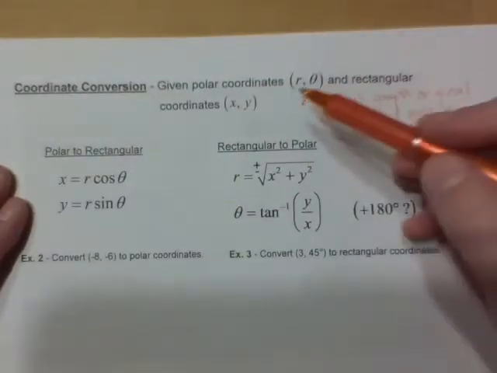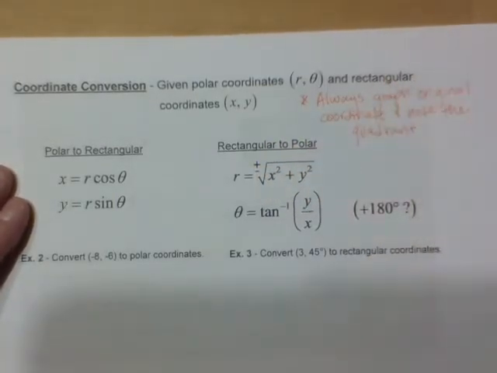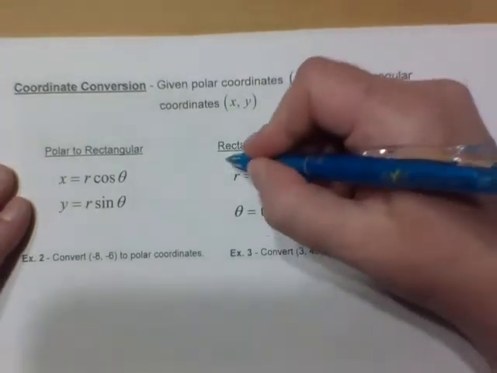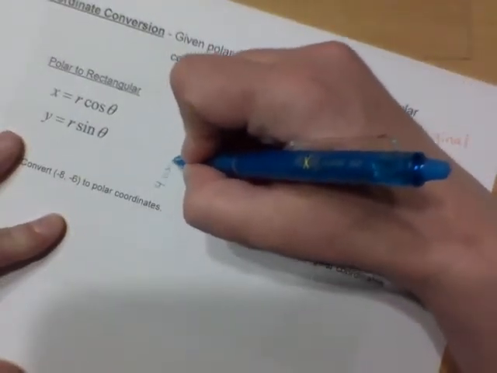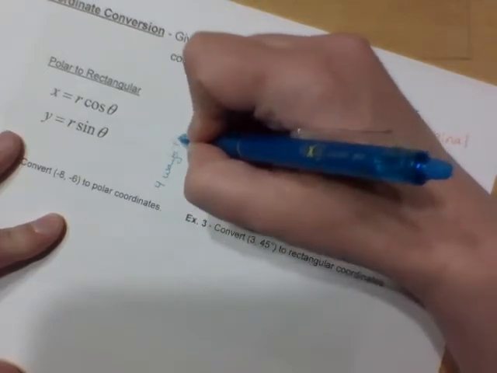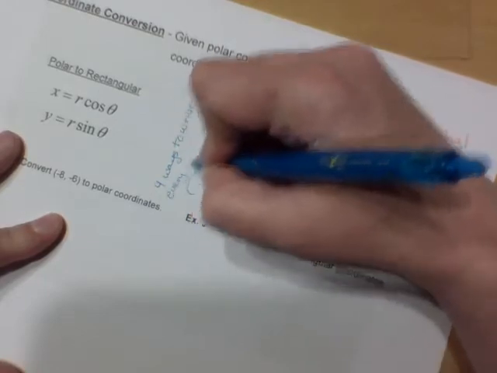All right, the rectangular to polar coordinates, again, as I just mentioned, there are 4 ways to write every polar coordinate.